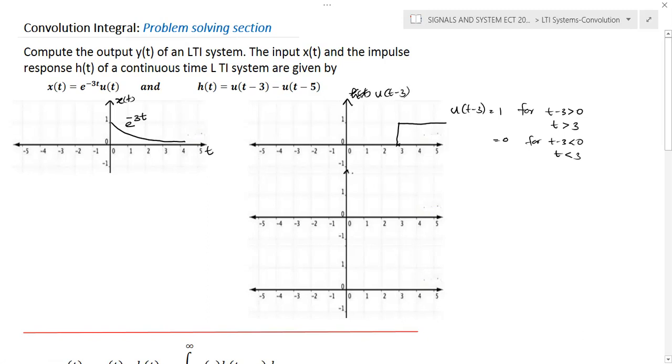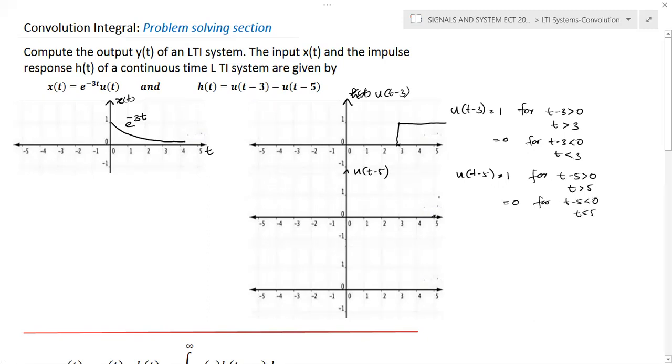Next we need to plot u of t minus 5, which is again a shifted version of the step signal. It is equal to 1 for t minus 5 greater than 0, or t greater than 5, and 0 for t minus 5 less than 0, or t less than 5.